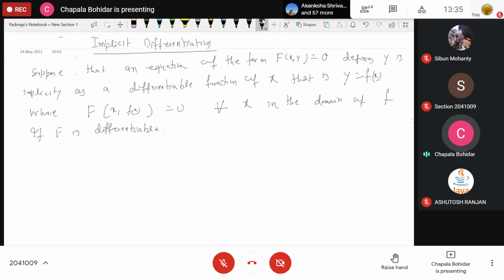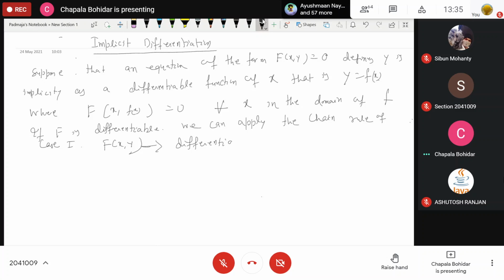That is, by applying the chain rule of case 1, differentiate both sides of this function, which is equal to 0, with respect to x.